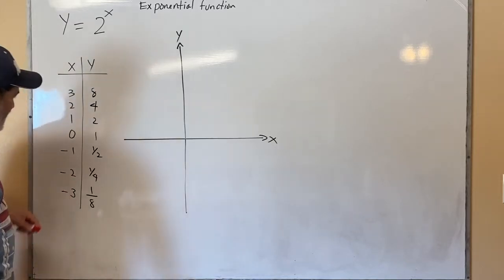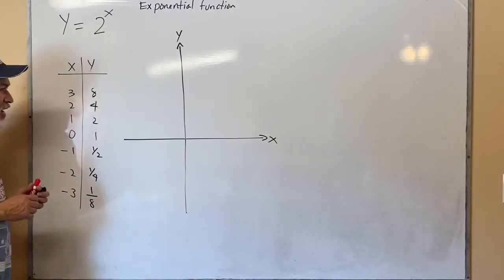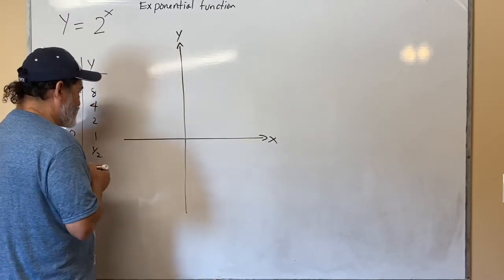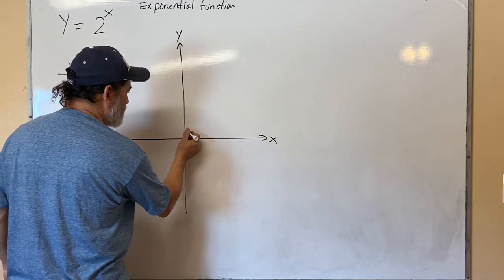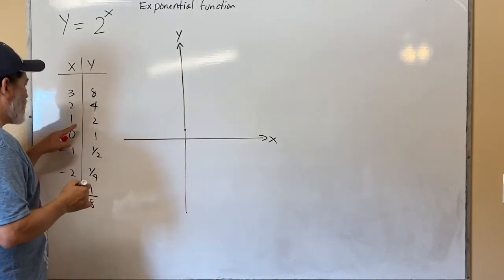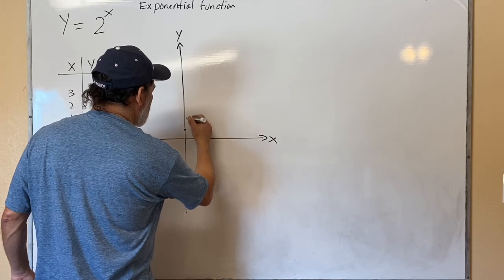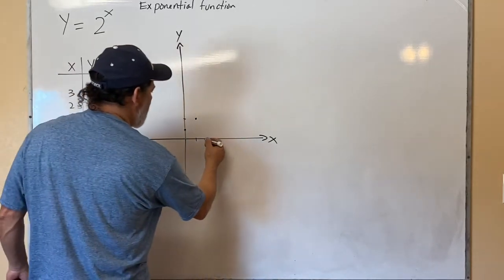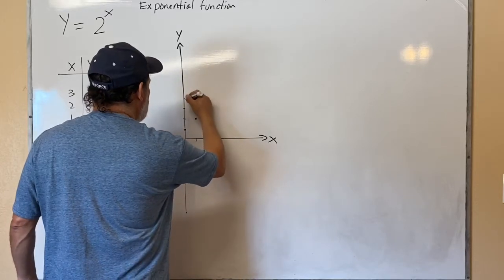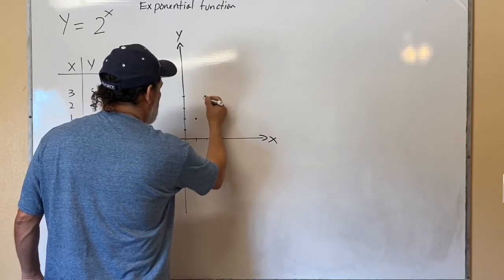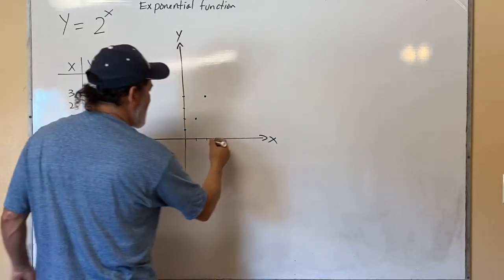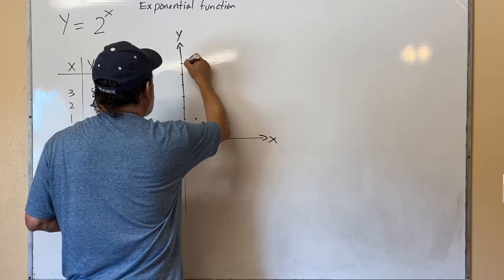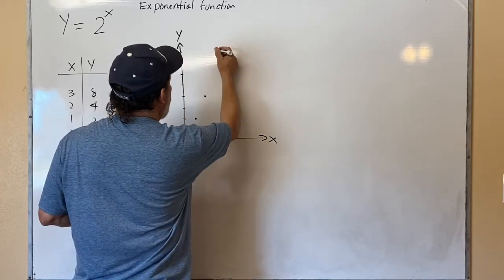Watch this. X equals 0, we get 1. X equals 1, we get 2. X equals 2, we get 4. X equals 3, we get 8.